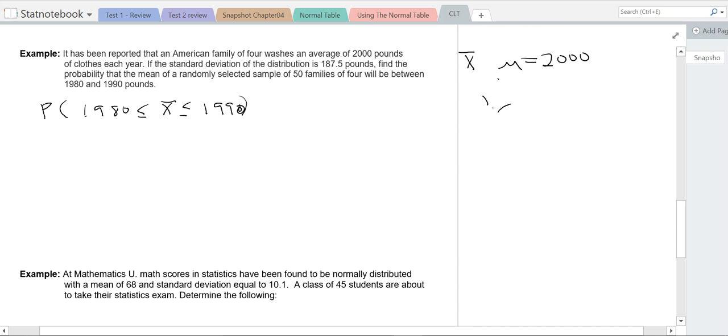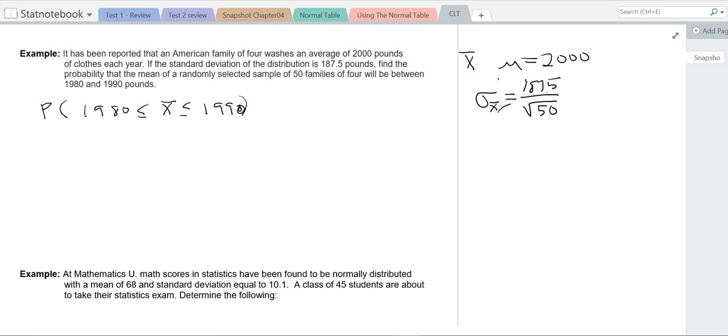We know that X bar has a standard deviation equal to the standard deviation in the problem, 187.5, divided by the square root of n. N is equal to 50.